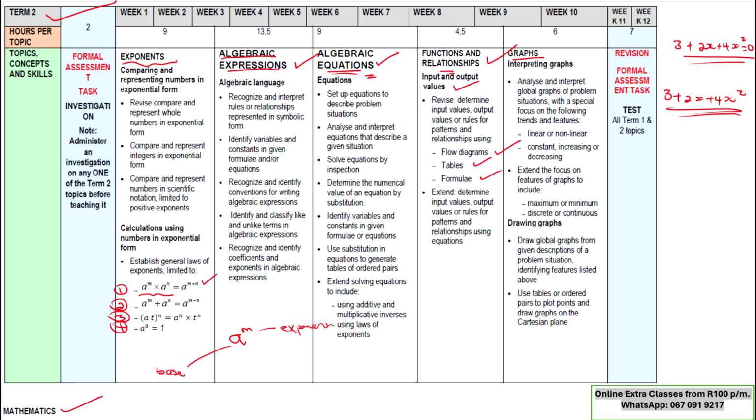So in this instance, we are given an input value and we can be requested to find an output value. And we know that our input is represented by the variable x and our output is represented by the variable y.